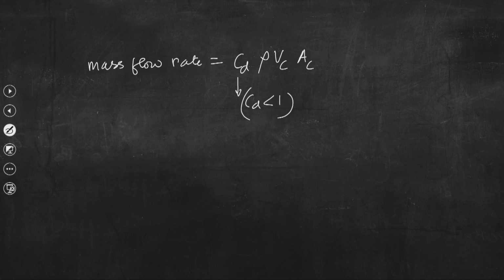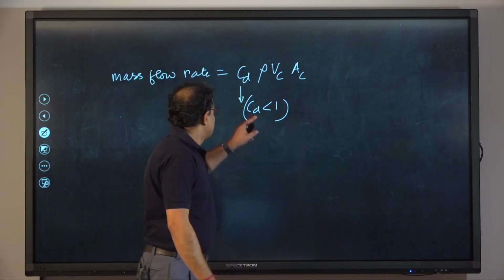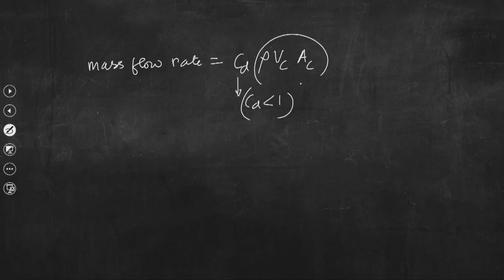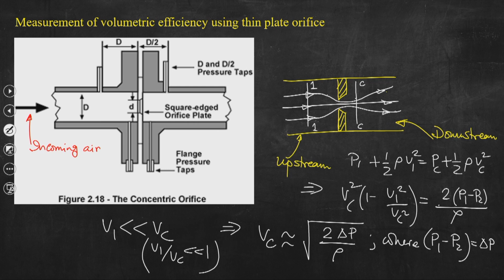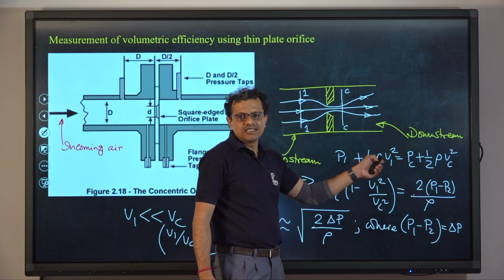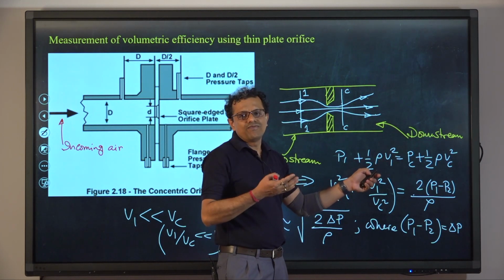Let me repeat once again, had we not multiplied this quantity with CD, that is the coefficient of discharge, we would have obtained the ideal mass flow rate, which is again not correct, because the velocity Vc that we have calculated here is based on this equation, and this equation does not take into account the losses due to fluid friction.